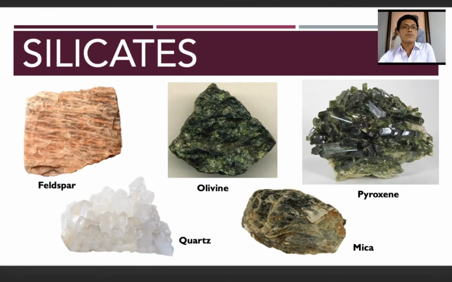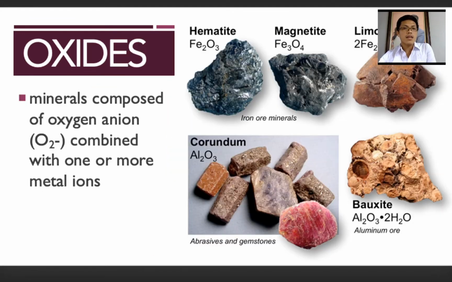Examples of silicates are feldspar, olivine, pyroxene, mica, and quartz. Later we will encounter them in the different rocks, and when we touch on magma formation, you will appreciate these minerals. Next, oxides.